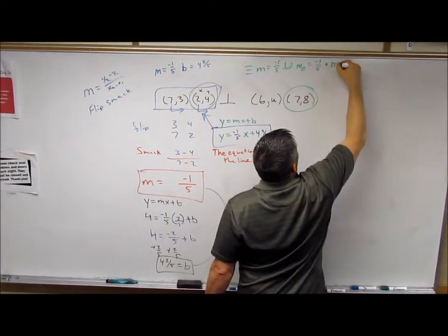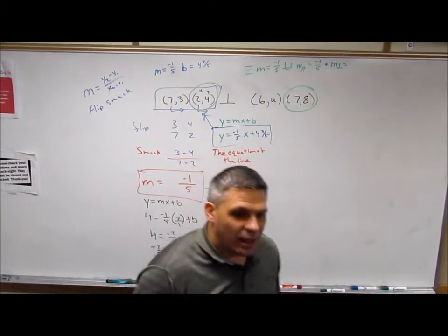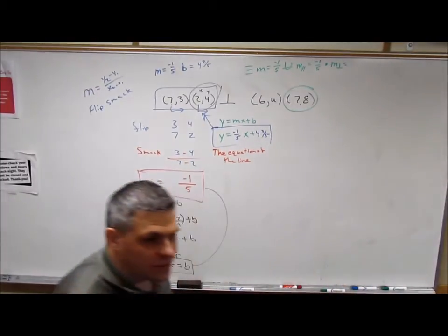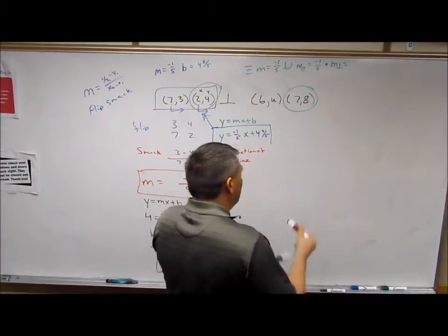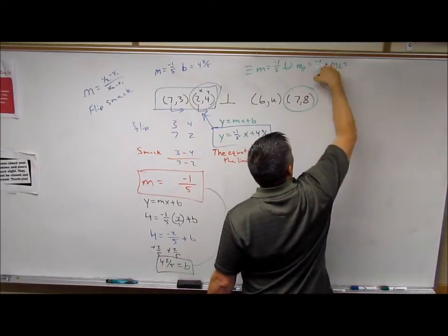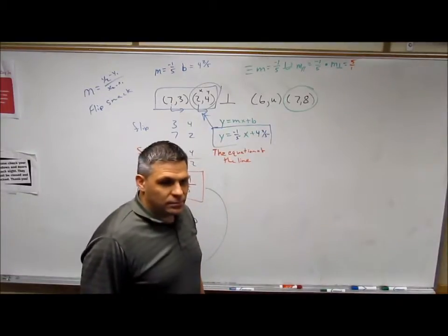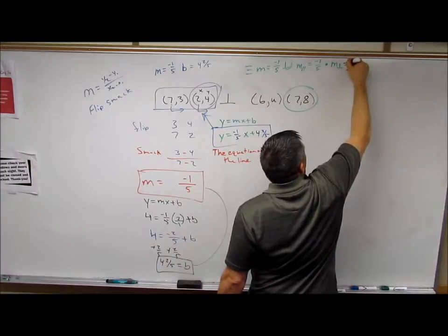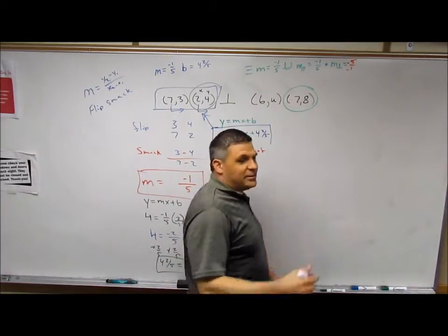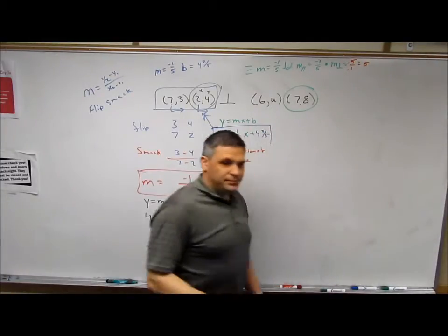And m perpendicular would equal what? The opposite inverse. So, you have to flip it and smack it. So, the perpendicular slope is going to be 5/1. Technically, 5/-1, and then I smack it, which would be negative 5/-1, which is just 5.